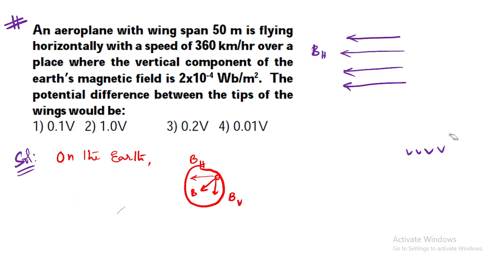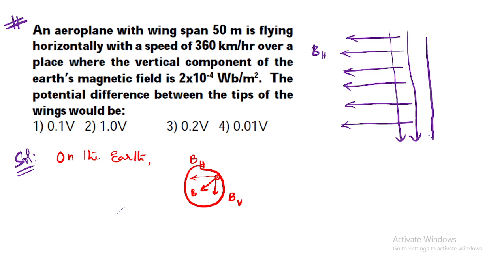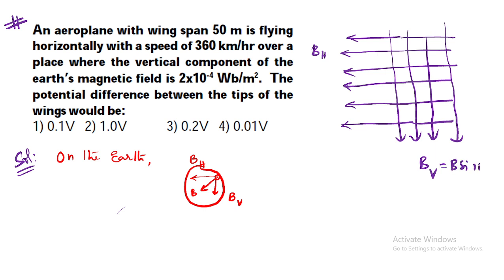I will draw the real time diagram so it will be easy for you. This is the vertical component. What is this one here? BV. BV is nothing but B sin theta.